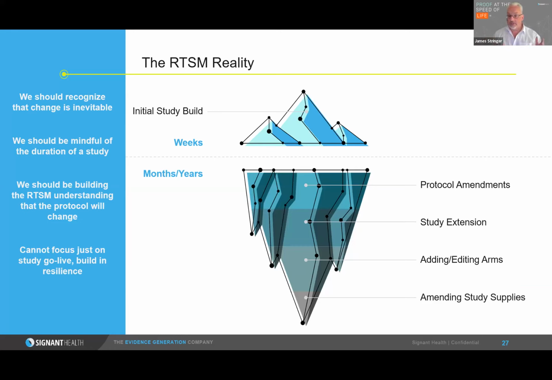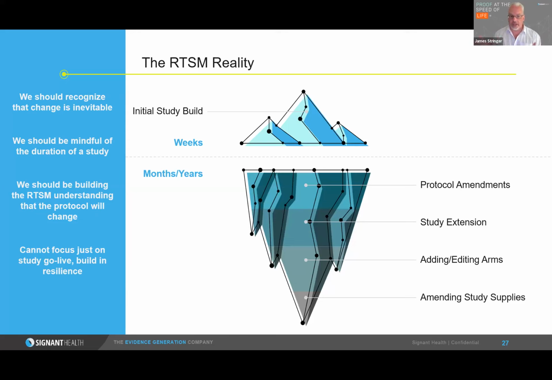And we can do that relatively straightforwardly because we have an understanding of the protocol and we have expertise within Signant and indeed from the sponsor side. We can have an idea of what might change, and so we can start to think about, is it worth building in some resilience up front for the study to make that situation of change, which we know is coming, less impactful for our study once it's live and as it goes on.